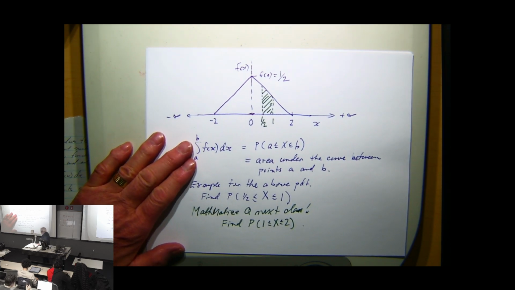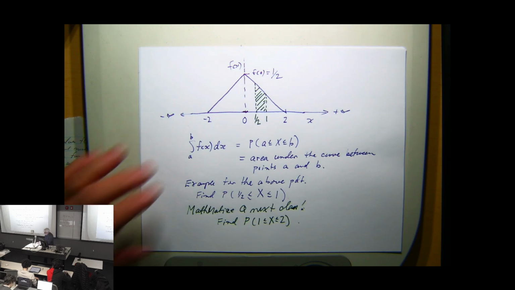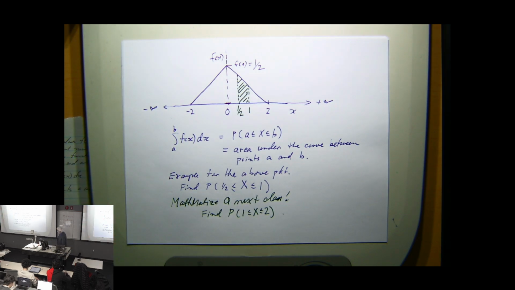Did I freeze that? Did I unfreeze it? Oh, I want to unfreeze it on this side. Okay. Little easier question here. Find the probability that x is between 1 and 2.